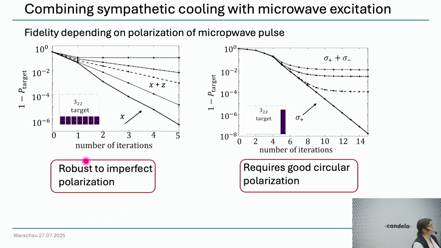But if we want to go from degenerate rotational states to a single rotational state, this really requires good circular polarization. I'm mentioning that because I was very happy to hear earlier this week about these improved microwave antennas with very small ellipticity that were used for this microwave shielding.